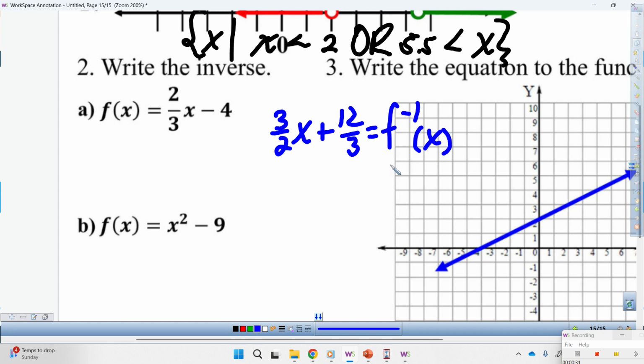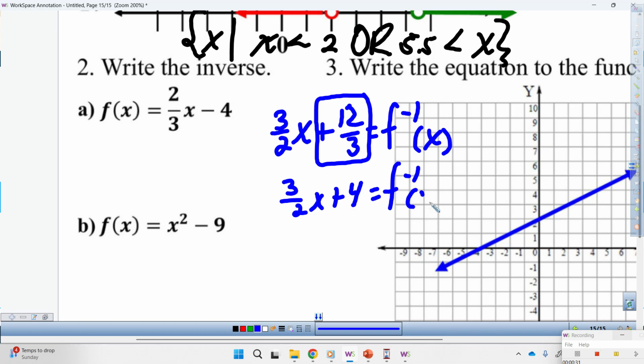F inverse X. Hands if you got something like that. All right, I'll take that. However, look up. Yeah, you can simplify that one. So it would be 3 over 2X plus 4 equals F inverse X.